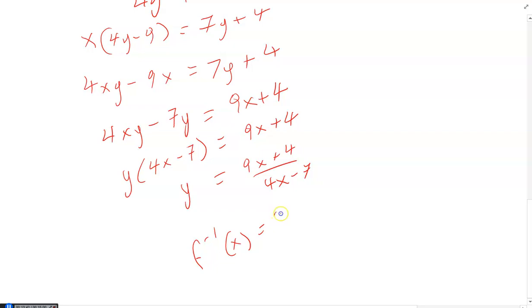And so f inverse of x will be 9x plus 4 over 4x minus 7. And we are done. We can also check to show that that was really the inverse by doing f of the f inverse of x, and f inverse of the f of x.